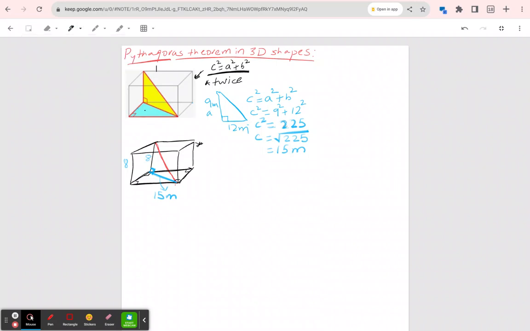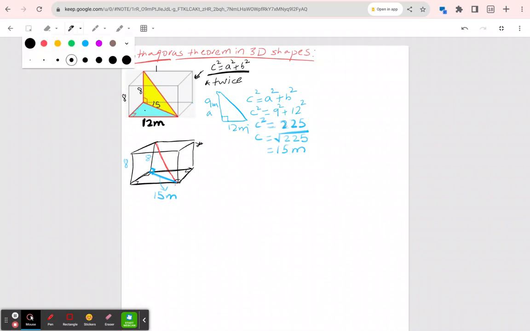So this one here, we've considered it to be 12 meters. That one was 12. And then this one here was 9. Actually, I'm not going to need that 9 anymore, so I might not consider it. I am going to need my 15, which I just found out. So this side here was my 15, right? And then that one was an 8, and this is also an 8.